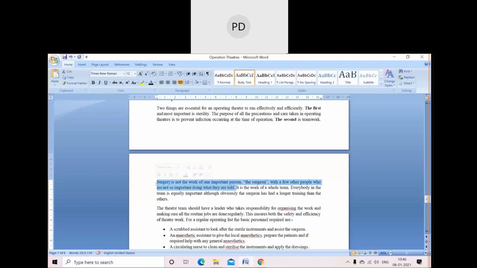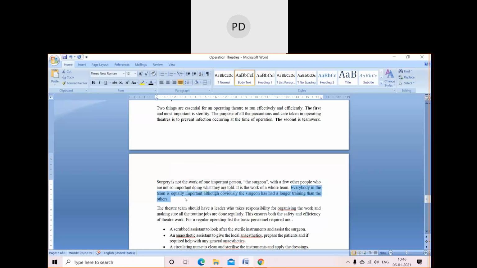No, that is actually teamwork. For a successful surgery, the teamwork has to be good, then only it occurs in a good way. The OT technician, the nurse, the scrub nurse, and the running nurse who would be taking care of other things. All these personnel are very important. It is the work of the whole team, and everybody in the team is equally important.